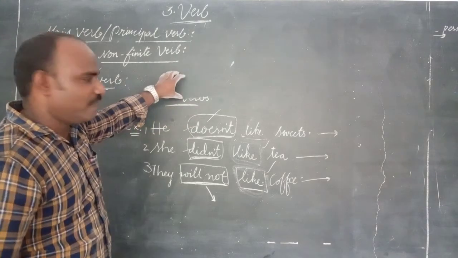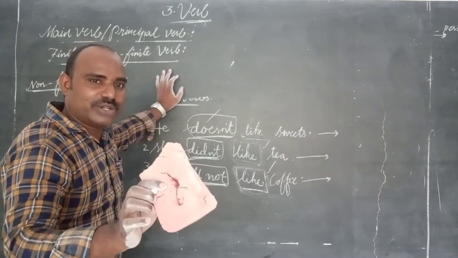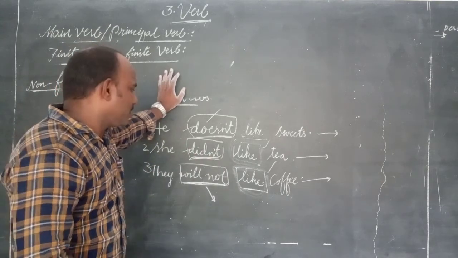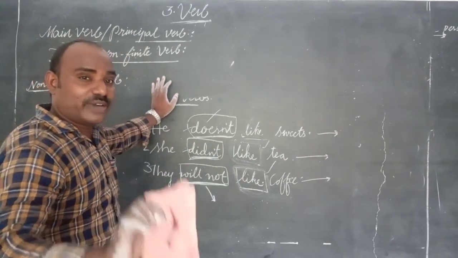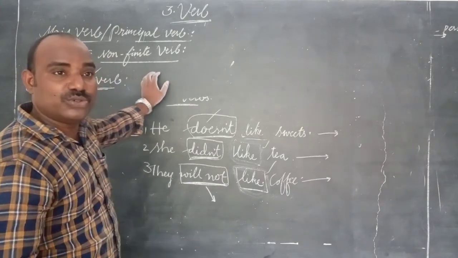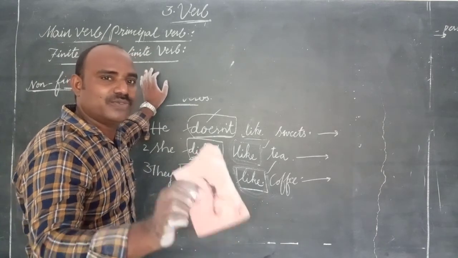What is a finite verb? Finite verbs are the verbs that have a certain tense like present tense, past tense, future tense. But what are non-finite verbs? Non-finite verbs are nothing but the verbs that do not have a certain tense like present tense, past tense, future tense.